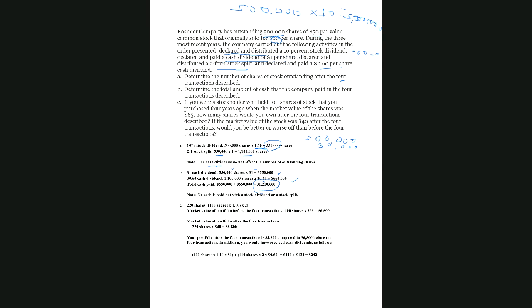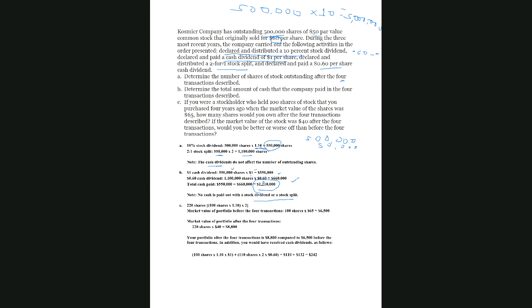Remember also that no cash is paid out with a stock dividend or a stock split. Again, is there a journal entry for a stock split? The answer is no. It's just a description change. Very good. Only a stock dividend requires a journal entry.